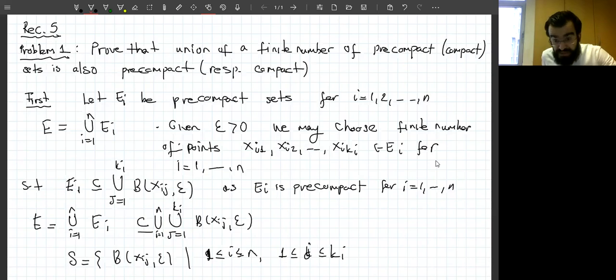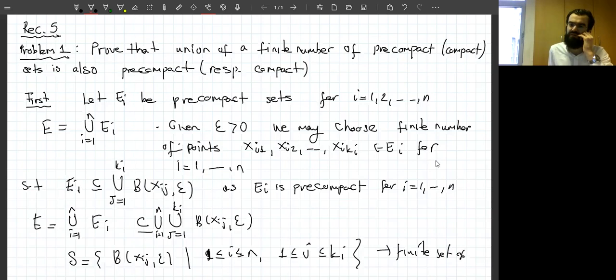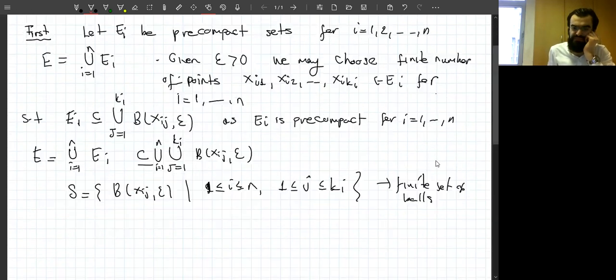A finite set of points implies what? Implies our set E is in fact pre-compact.